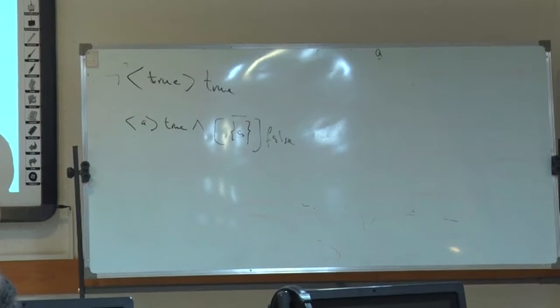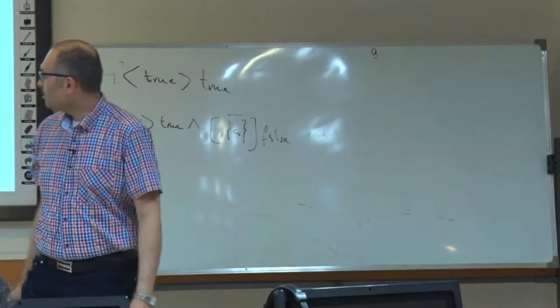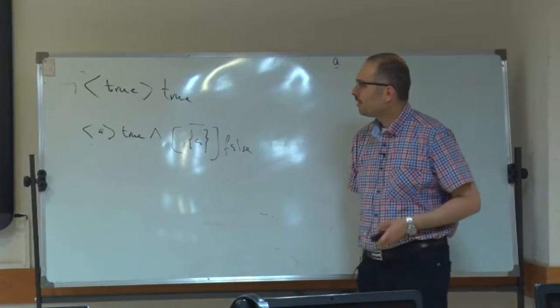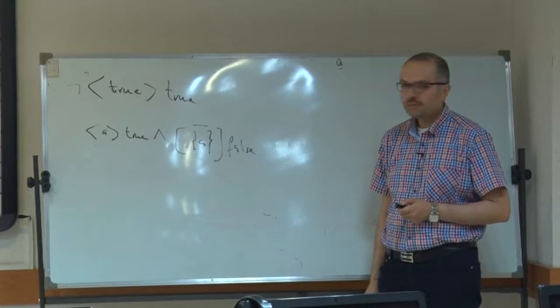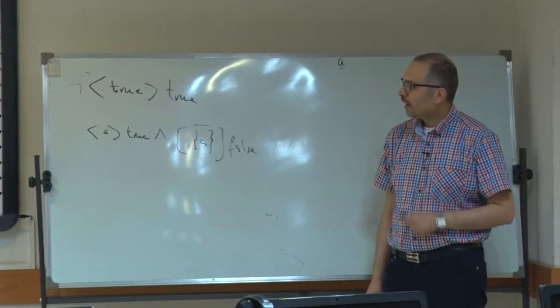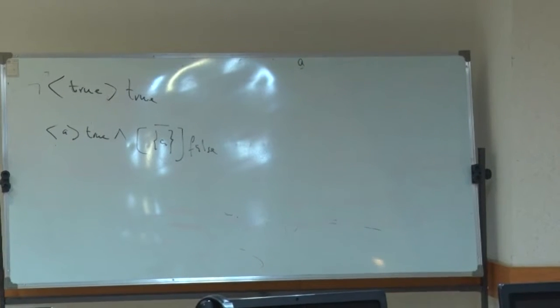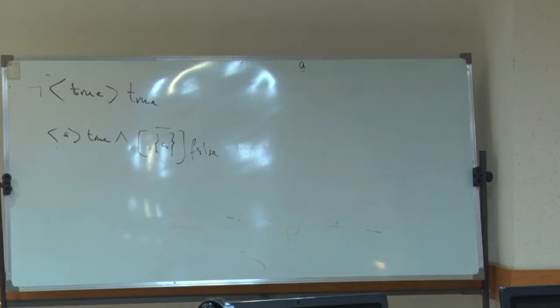The process can execute some action, true, true. A must happen, we just wrote it down, right? Phi holds after every step. How do we write that? So phi holds invariably, basically.